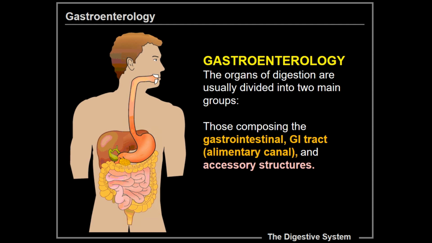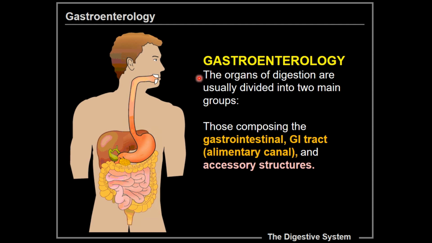So basically, from here we have the mouth, so the GI tract is the tubes that food will pass through. We have the mouth, the pharynx, the esophagus, which goes into the stomach. From there, it will pass to the small intestine, and it will bebop around through 20-some feet of small intestine, and will make its way down and out into the large intestine, and then it will head on out and over and down and out of the body.